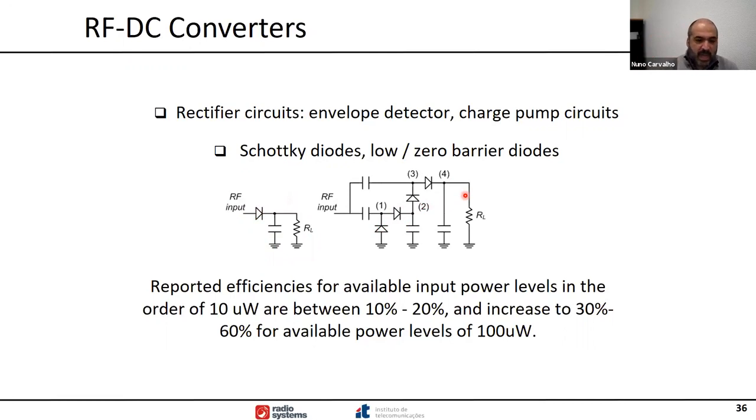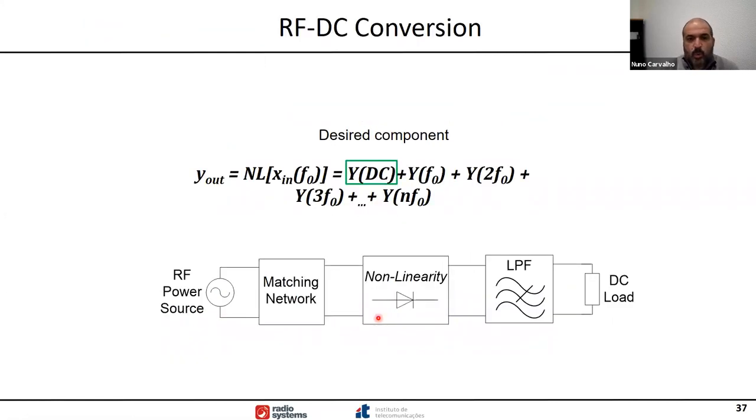As you can see here, if the input power levels are around 10 microwatts, the efficiencies are very low, 10 to 20%. If you increase the input power, the efficiencies can increase a little bit. And this is really what we have to address: how can we increase this RF to DC conversion?